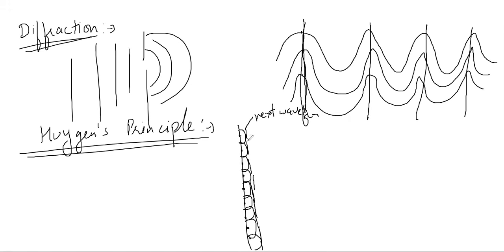Again, on this wavefront, every single point is going to act as a source of secondary disturbances. Again you will have secondary disturbances, on those secondary disturbances you again draw a tangent, and that would be your next wavefront.